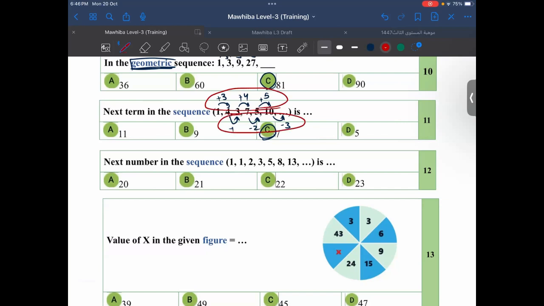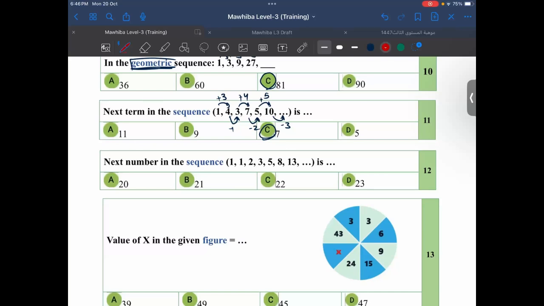Like this, you can see it's interchangeable. It's starting with pattern 1 and then pattern 2, and then pattern 1 and then pattern 2. So you can figure it out easily. Do not get confused by it. Excellent. Yalla, let's see question 12.